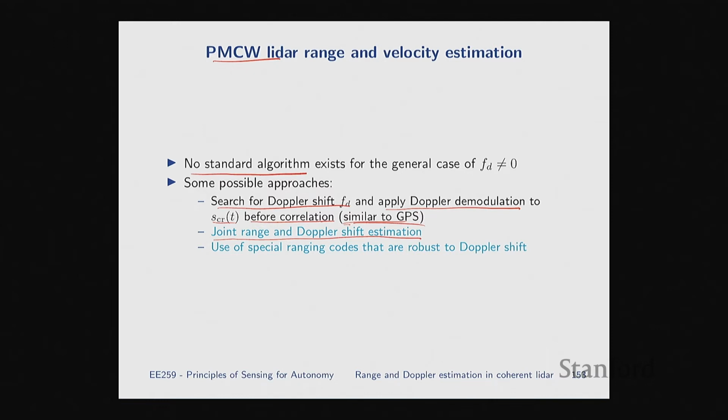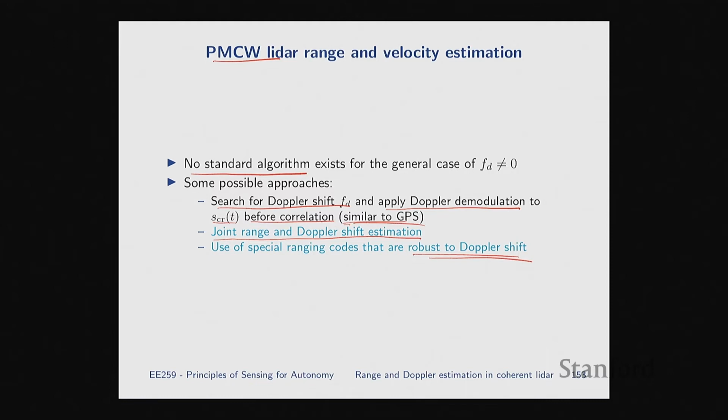You can design more mathematically advanced waveforms, which, for instance, still have good autocorrelation properties, but are robust to Doppler shift. So when you get Doppler shift on them, it doesn't destroy the correlation properties as happens for M sequences. And that's a very interesting research topic of what kind of special range codes you could design.